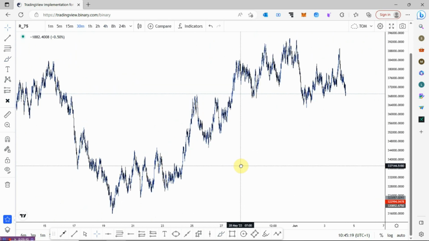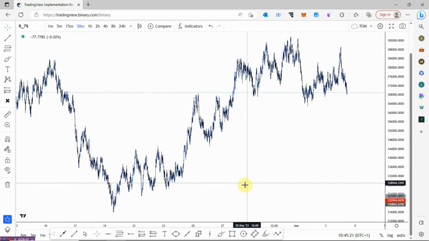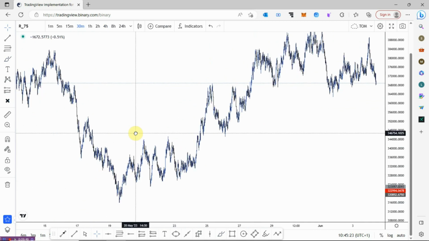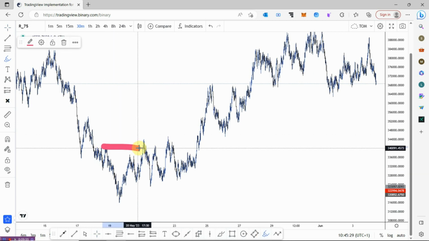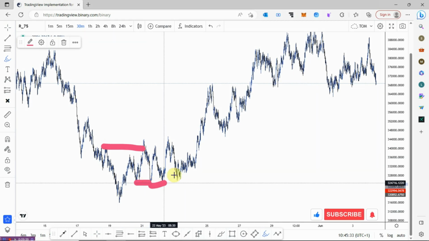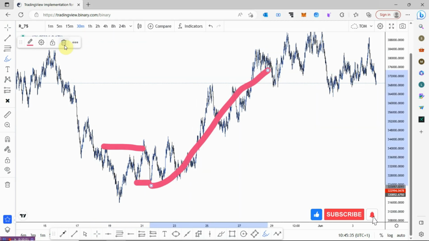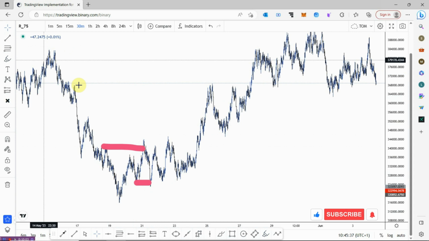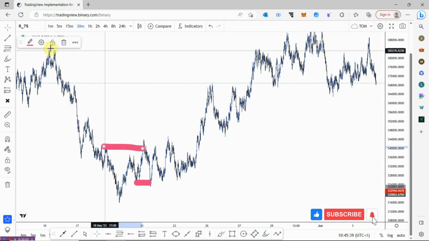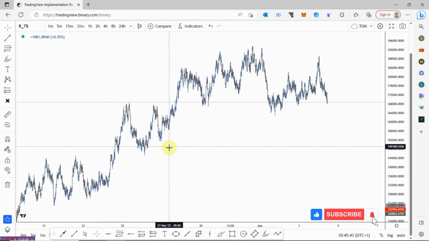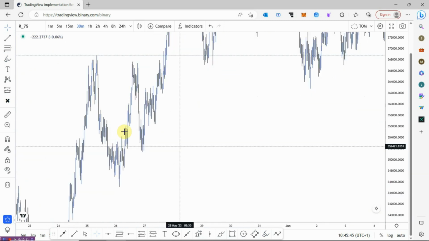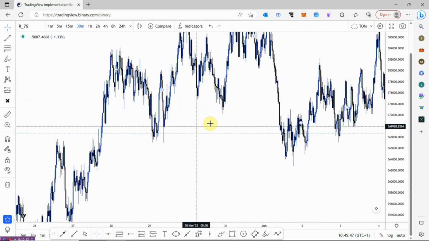Now let me show you. The trend changed over here to bullish when we had this broken, came to take inducement, and then a rally upward. Over there it has been forming higher highs and higher lows.